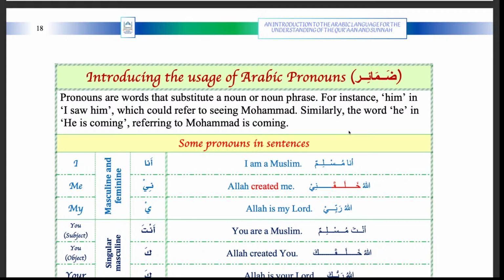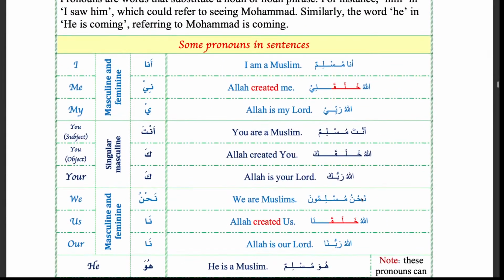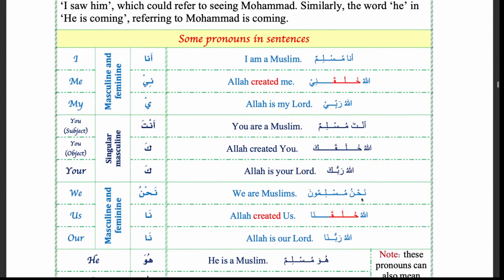Now, because this is a crash course and not a year program, right, the idea is to introduce a lot of these structures to know how the Arabic language operates. So now here we have some pronouns in sentences. We have the examples of the pronouns here.